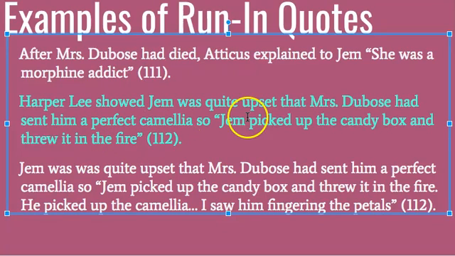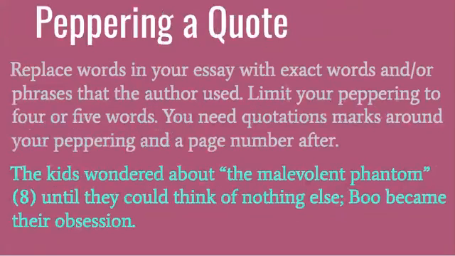Harper Lee showed Jem was quite upset that Mrs. Dubose had sent him a perfect camellia, so Jem picked up the candy box and threw it in the fire. Again, this is skillful, blending the words from the quote within your sentence. Again, it blends in naturally and perfectly with what they were trying to prove.